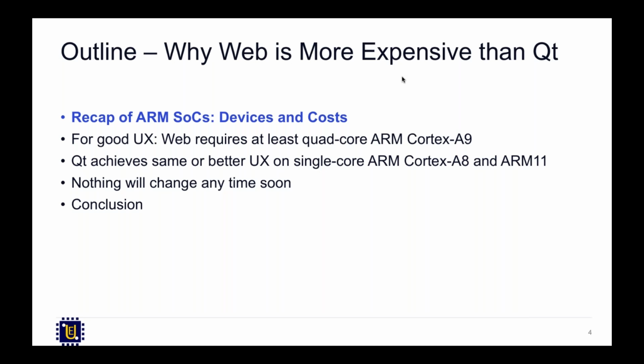And I will also show you that with Qt you can achieve the same user experience on a less powerful and less expensive system on chip. So you can do the same things on a Cortex A8 or an ARM11. So ARM11, think Raspberry Pi. And the bad news for web and the good news for Qt is nothing much will change in the next years.